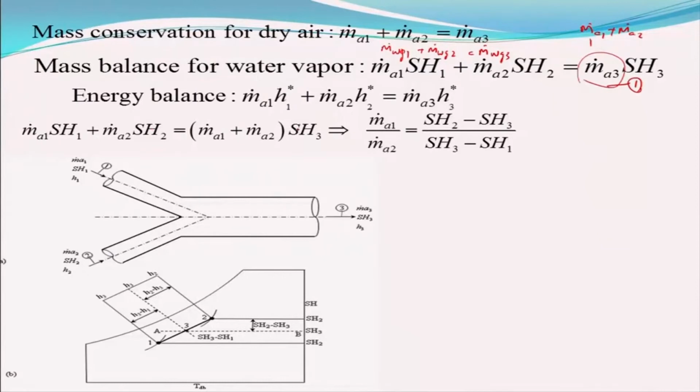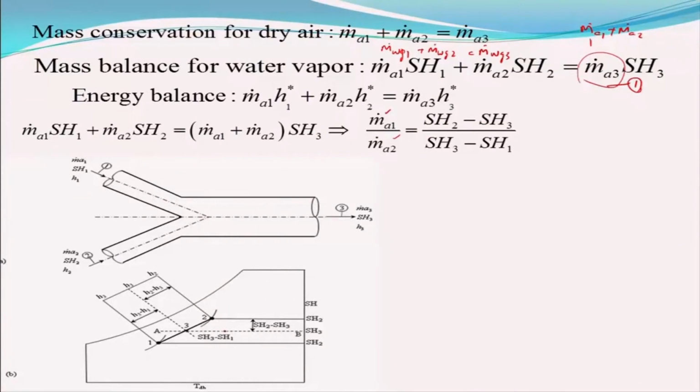And then you just take the mass of air, separate it, and then you will get a relationship between the mass flow rate of air at station 1 divided by the mass flow rate of air at station 2, which is equal to (S2 minus S3) divided by (S3 minus S1). So, if I know the mass flow rate, I can very easily find out this thing.